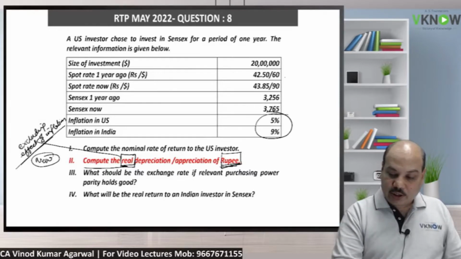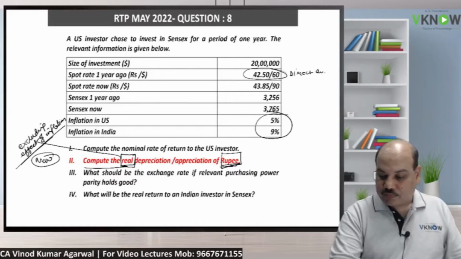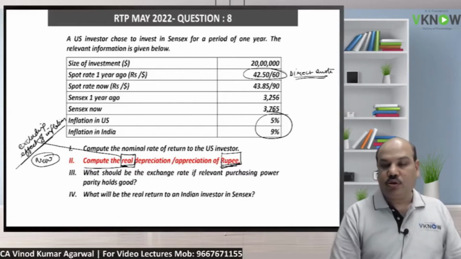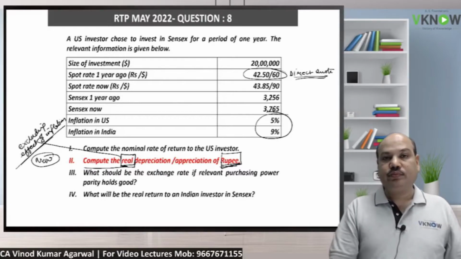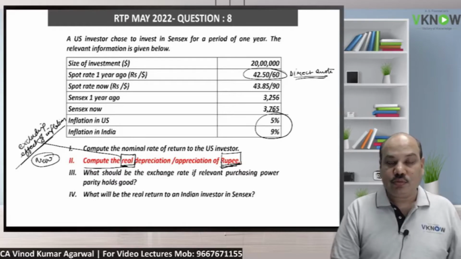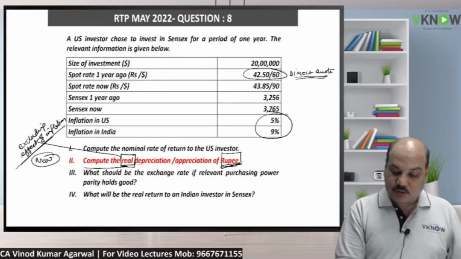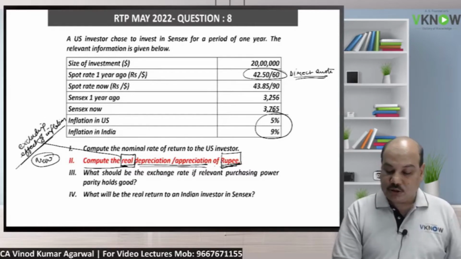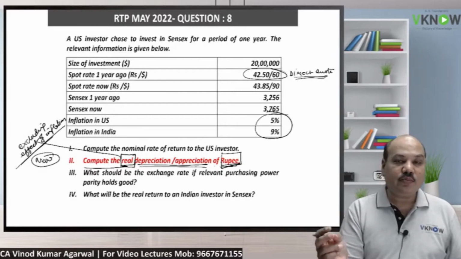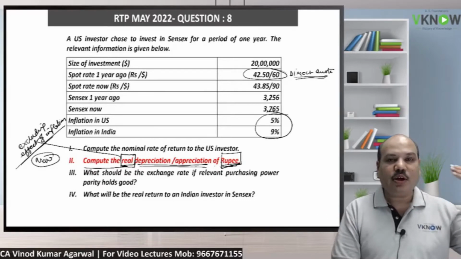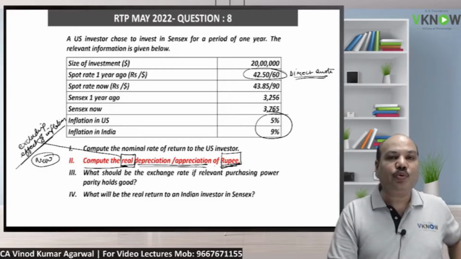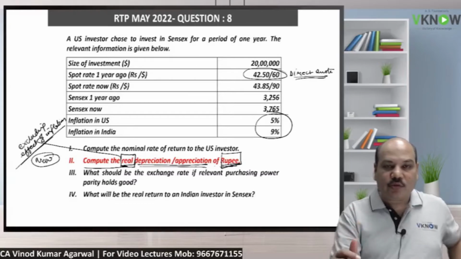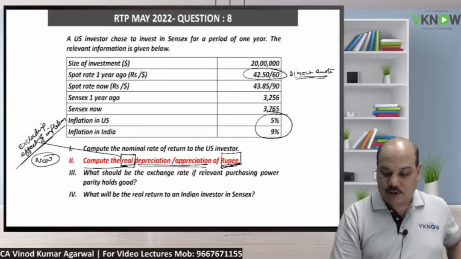If you look at the rate given, it is given in direct quote form. That is, the rate is given for dollar. But they are asking you the appreciation or depreciation in rupees. So appreciation or depreciation we have learnt in the class how to get it. What is the rate now minus what was the rate earlier, compare them. That gives you by what percentage a currency has appreciated or depreciated.